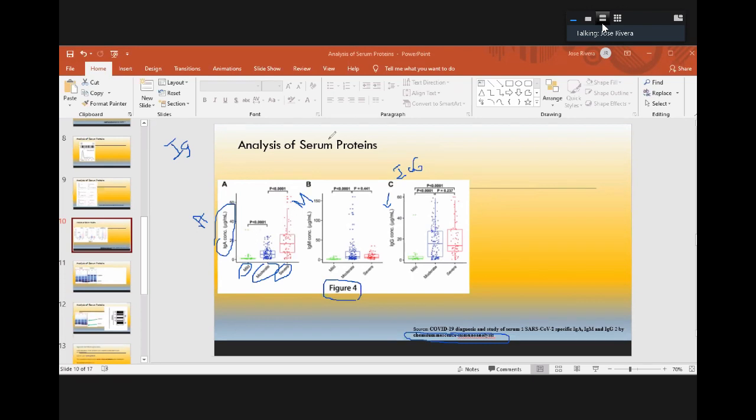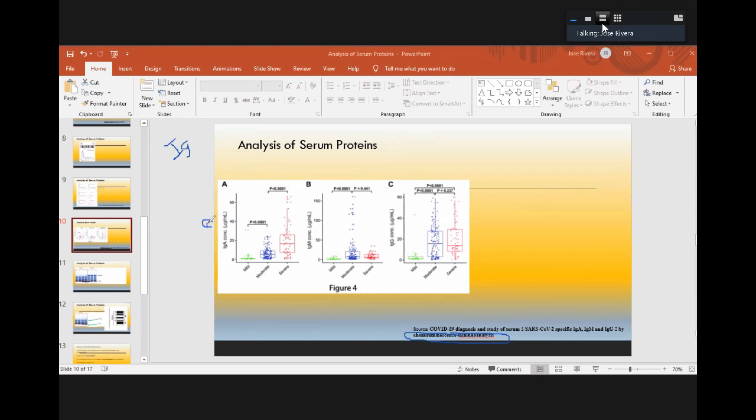By just looking at what antibodies increased during this viral infection, and they don't tell you how long after the infection they looked at these levels, probably because I didn't read it carefully.